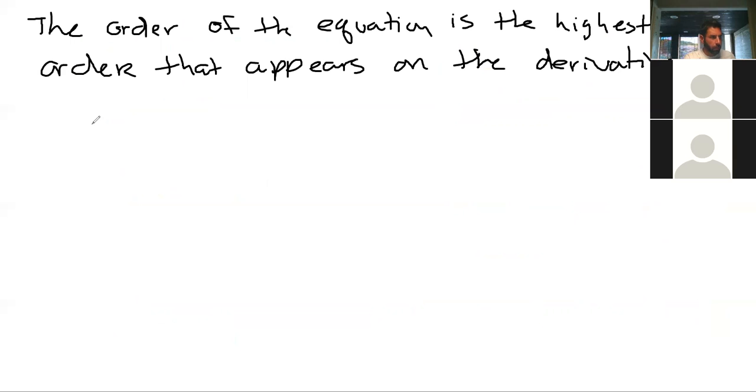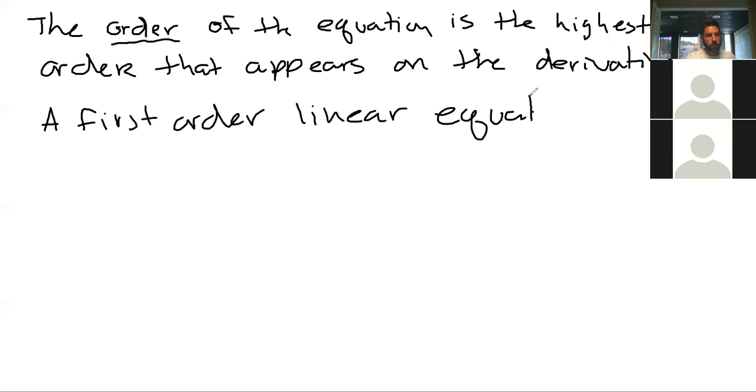So you should be familiar with that. The next is a first order linear equation. And this is a very common type to be able to recognize because they can be solved rather systematically.